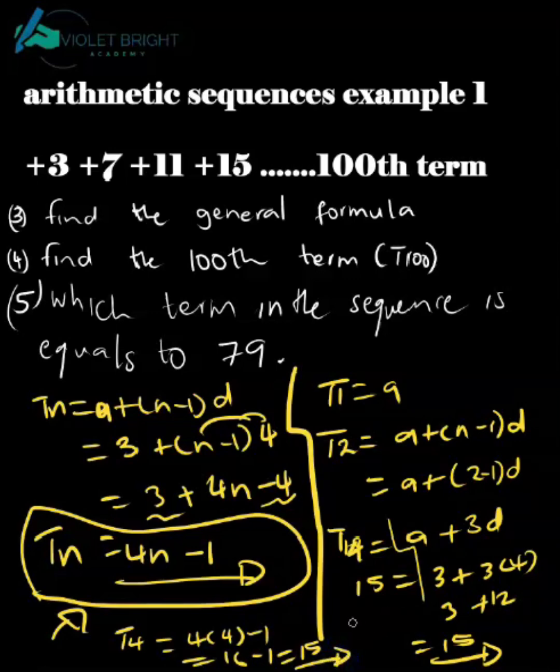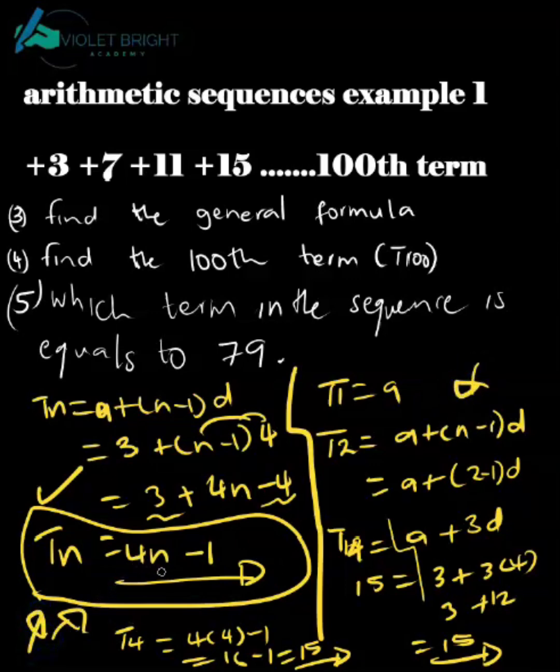So remember, now they were looking for the general term, which is this one. In another case, if maybe they said to you, please try to find any particular term in the sequence, let's say maybe T6 or T7 or T4, you can just use this one instead of this one.